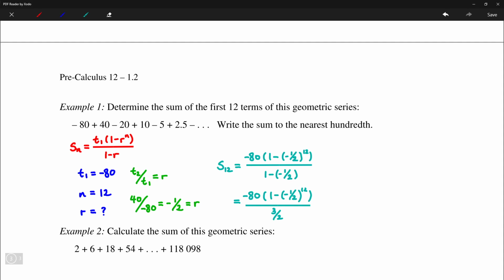All right, so if we use a calculator, let's see, 1/2.